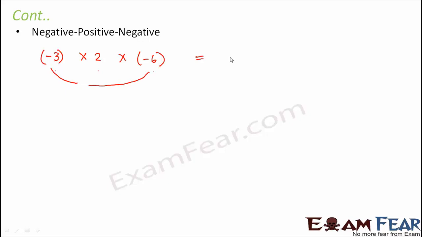Minus 3 into minus 6, 6 threes are 18 and 2 negative signs, so it will be positive. So 2 into 18, and this is going to be 36. Now in this case also, if you try to apply the last tip that we learned, how many negative integers do we have? We have 2 negative integers, 3 and 6. The number of negative integers is even, therefore the result would be positive.